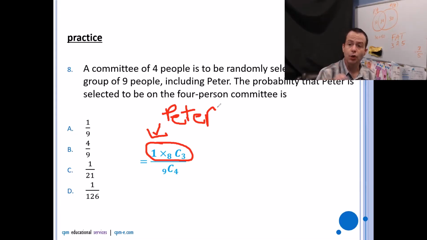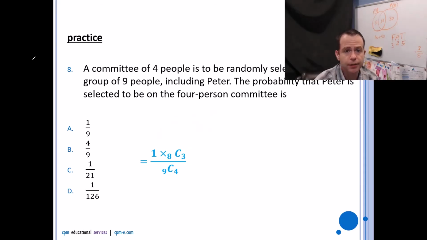Now, the total goes on the bottom. Well, the total, I don't care about whether Peter's there or not. So I have 9 people and I'm making a committee of 4, so the total number of ways to do that is 9 choose 4. After that, I can just type it in my calculator and I get 4 over 9.